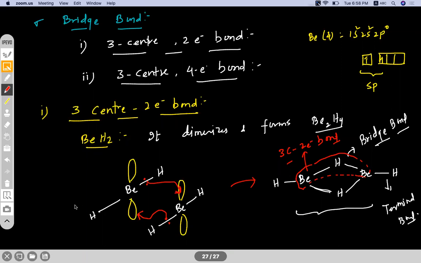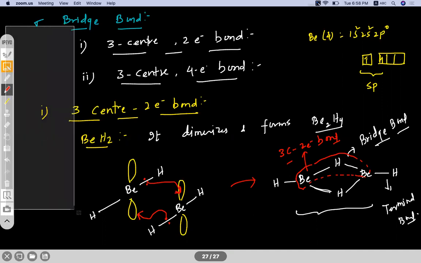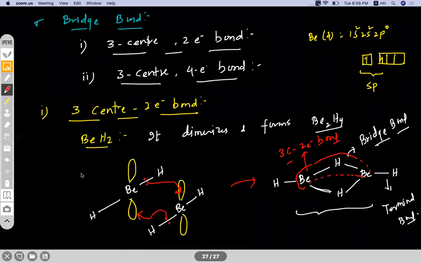So you have to memorize that in Be2H4 we have a 3-center 2-electron bond.